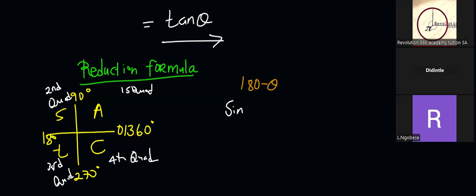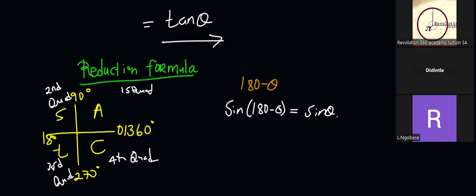You must understand that that is going to be sine theta, because when we say 180 minus theta, we fall on the second quadrant. On the second quadrant, sine is positive. That is why I'm writing sine theta.